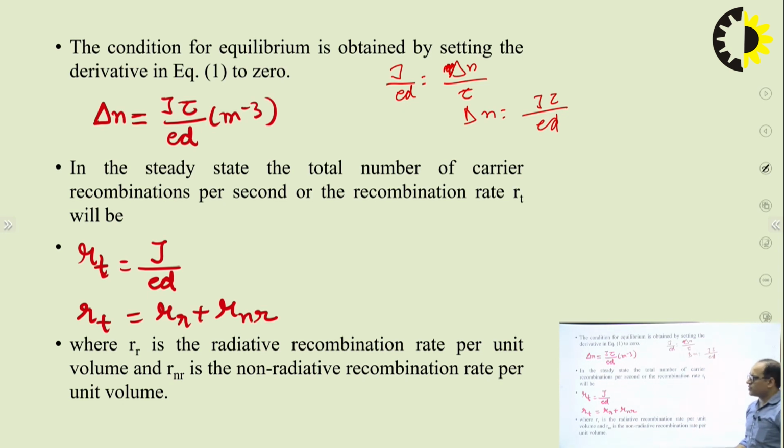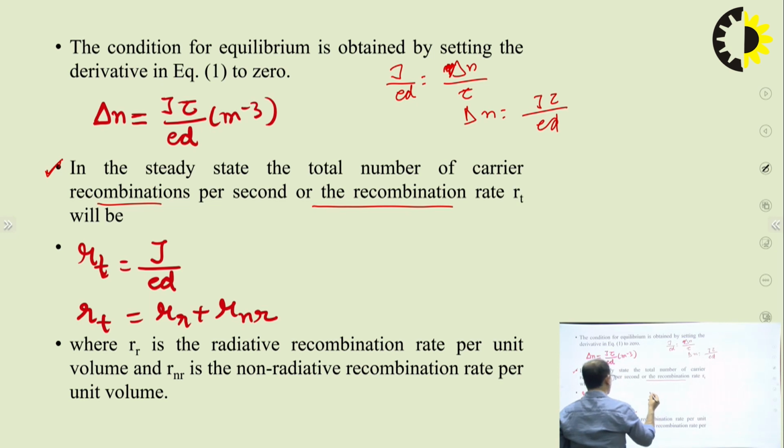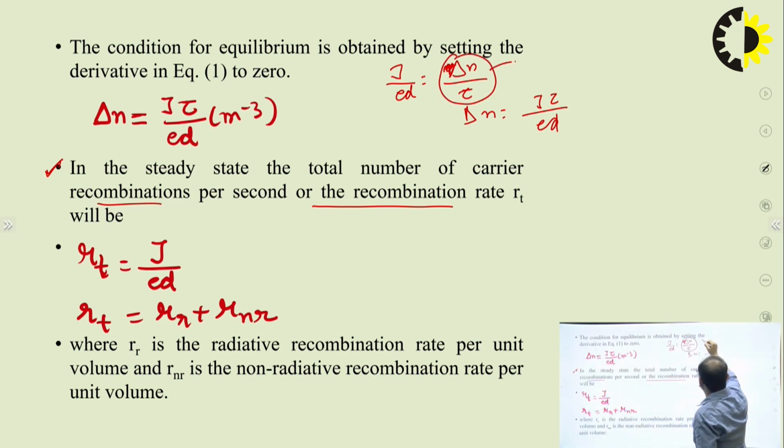Clear? Now see, in a steady state condition, the total number of carrier recombinations per second will be equal to, when I have told you, this is equal to what? Total number of electrons depleted due to the recombination. Clear?